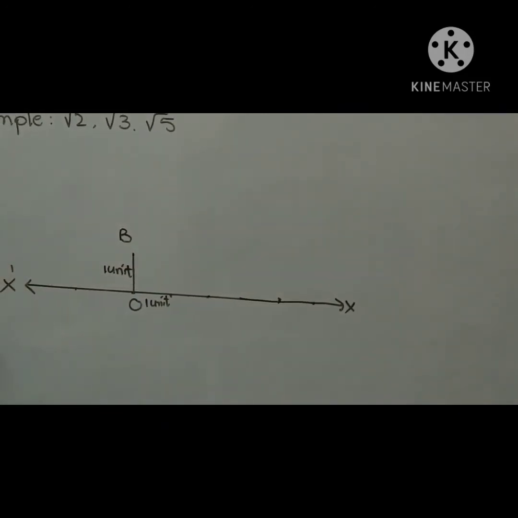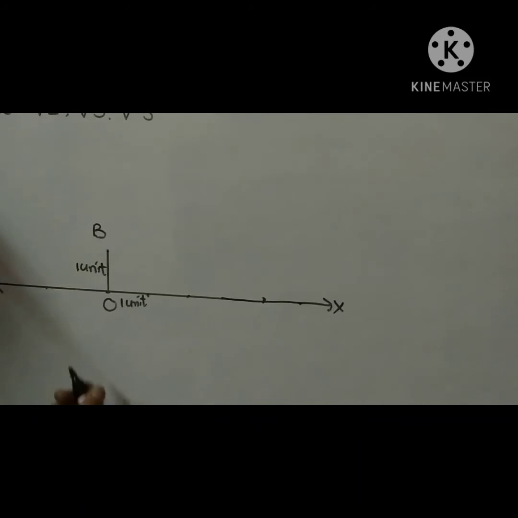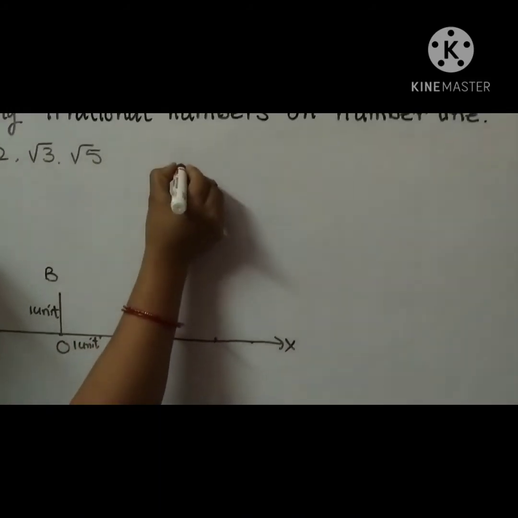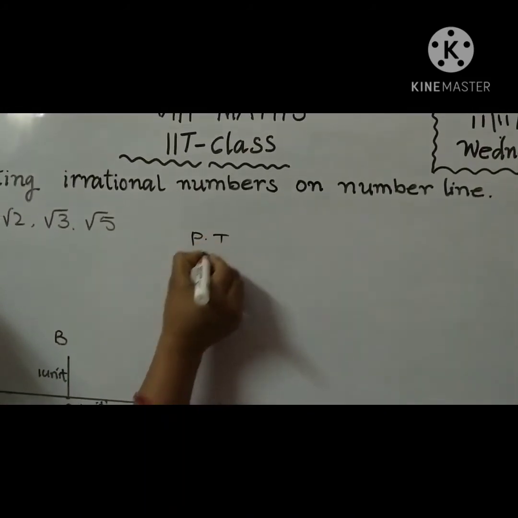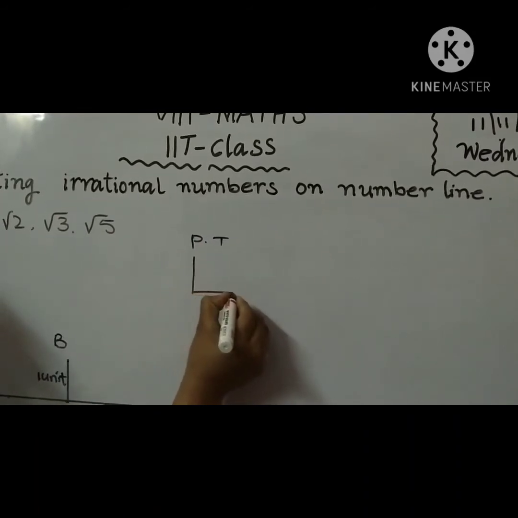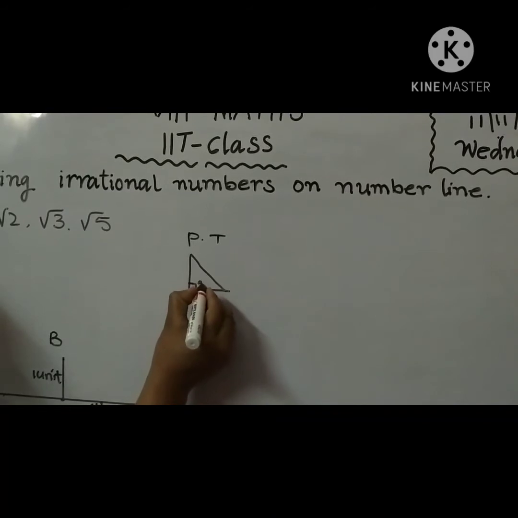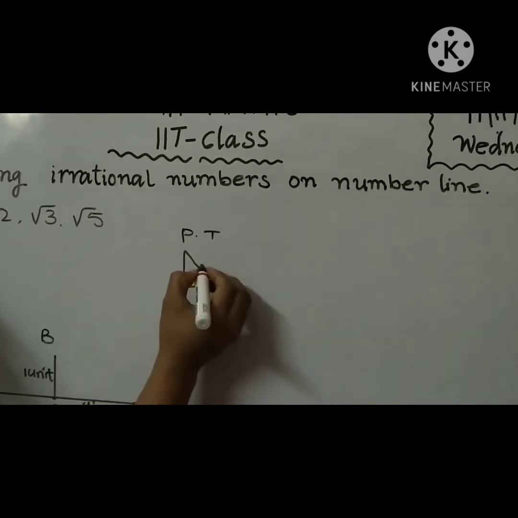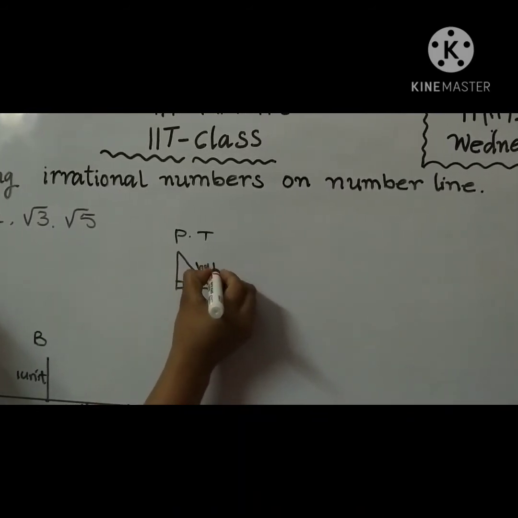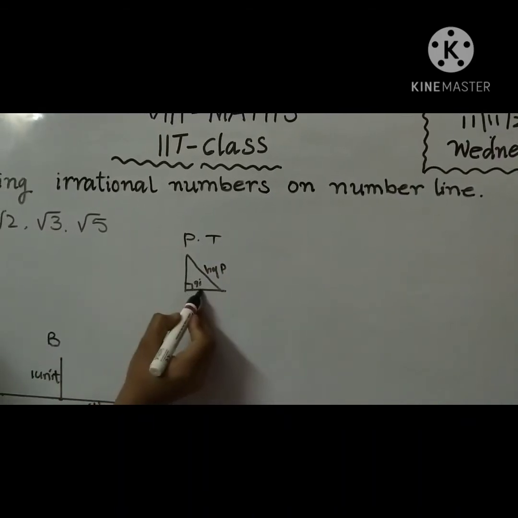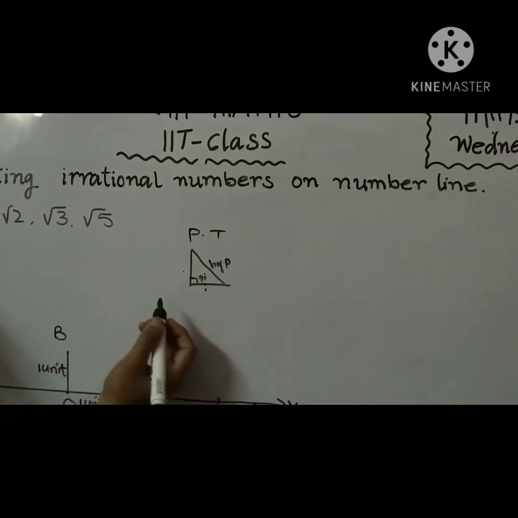So now we apply the Pythagoras theorem. First you draw the right angle triangle. We draw the right angle triangle here with 90 degrees. The side opposite the right angle is the hypotenuse. These are the two sides.